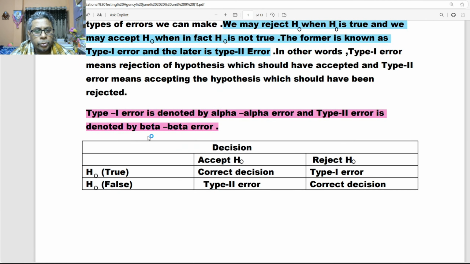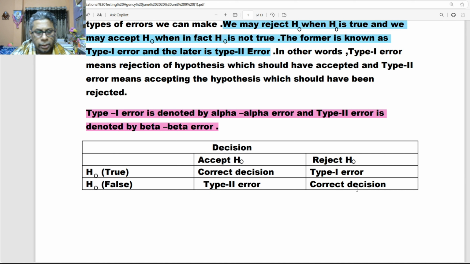The type 1 error is denoted by alpha error and type 2 error is denoted by beta error. So this is the decision: H0 true and we reject H0 is a type 1 error. We reject H0 when it is false is a correct decision, and H0 false and we accept H0 is a type 2 error.